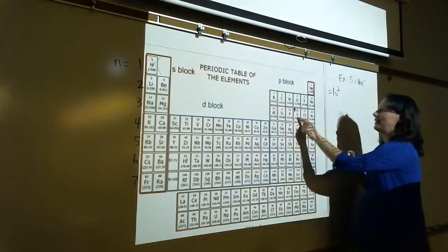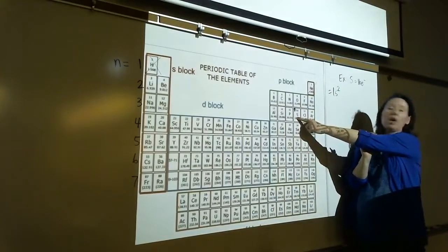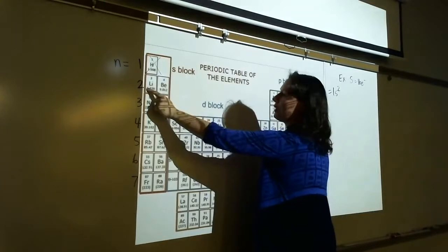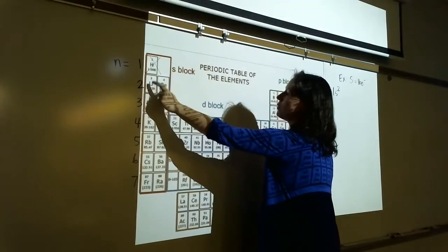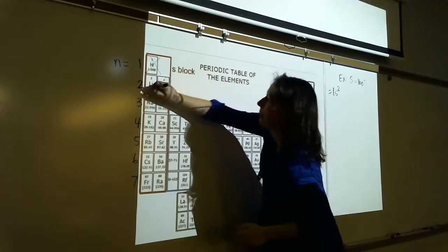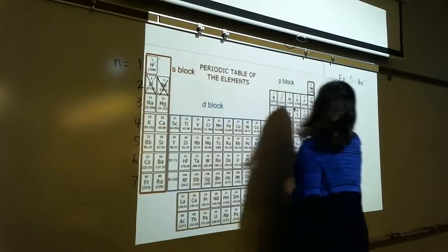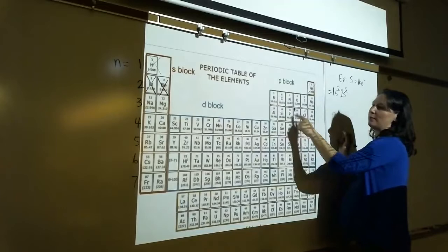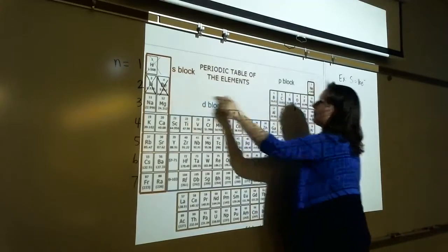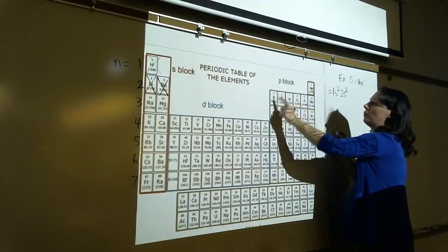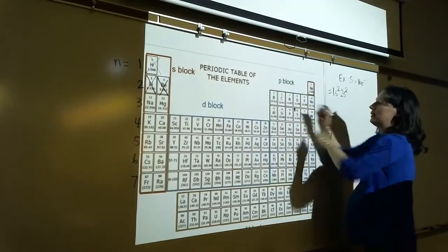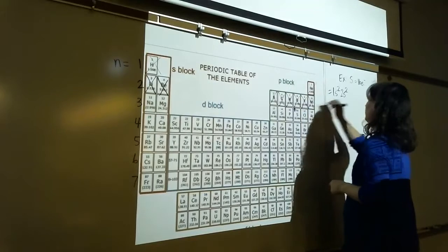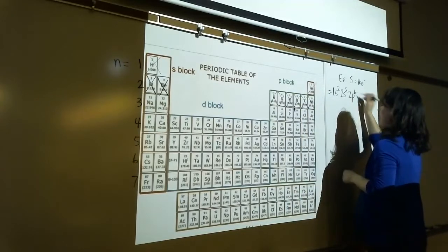But am I at my destination yet? No, I've got to keep going. So now I go into the n equals 2 row. 2s1, 2s2. But I'm not at my destination yet. I'm still in n equals 2, so I just keep going. 2p, 1, 2, 3, 4, 5, 6. So that gets me up to 2p6.